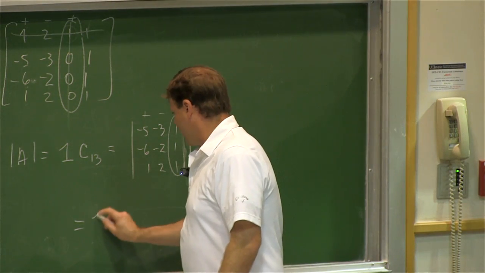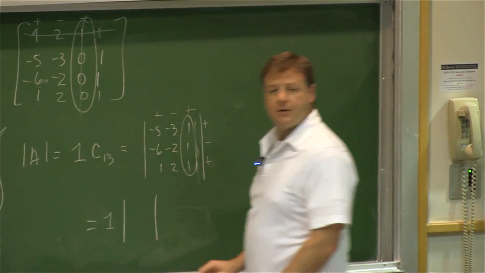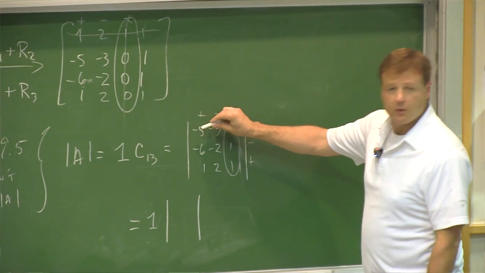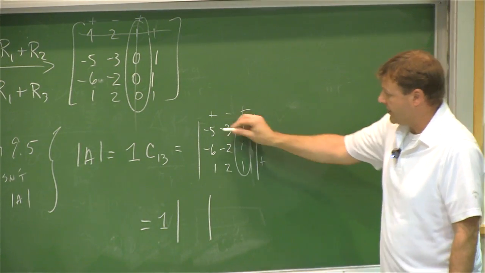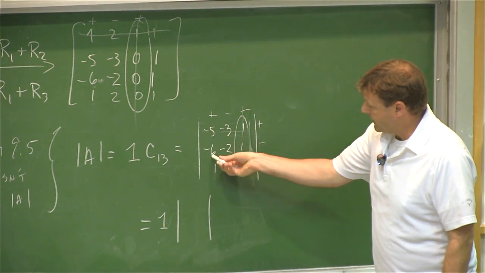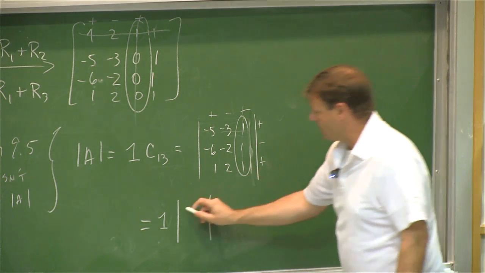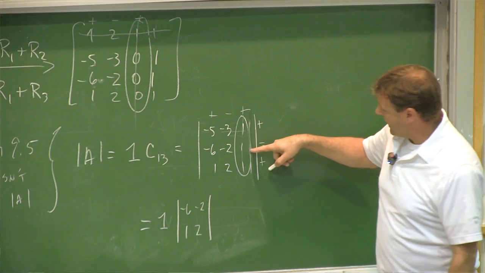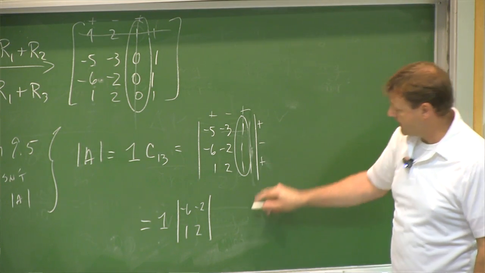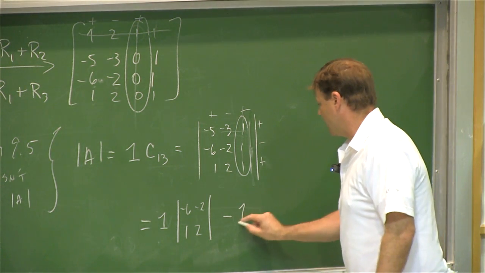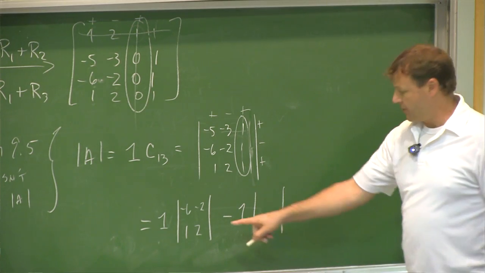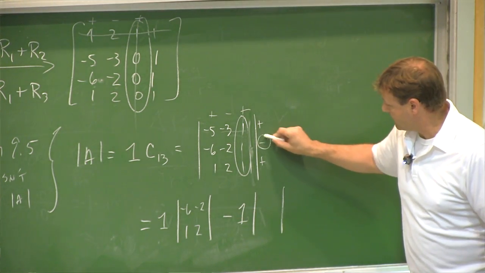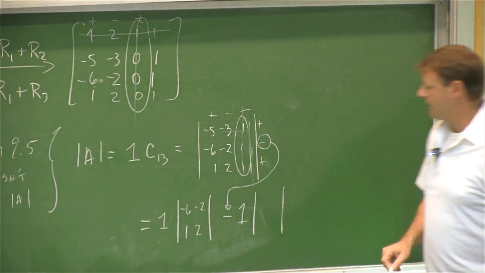It's going to be 1 times the matrix left over once I eliminate the row and the column that 1 is in. So I have a negative 6, negative 2, 1, 2. And then the next one here, this guy right here, this is going to be minus 1. That's from the cofactor. So if you like, this minus is right there.